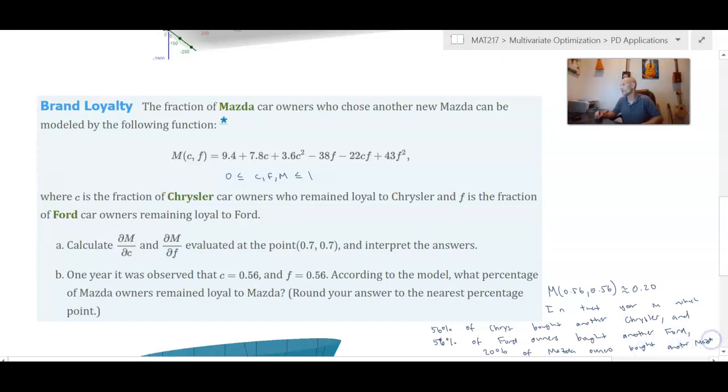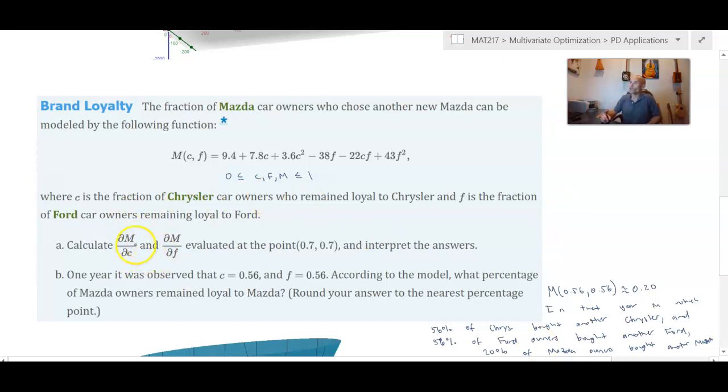So we see that in that year there were a lot of Chrysler and Ford owners who remained Chrysler and Ford owners, but not very many Mazda owners bought another Mazda. About 1 out of every 5, in fact. And the other 4 out of 5 must have bought another car.